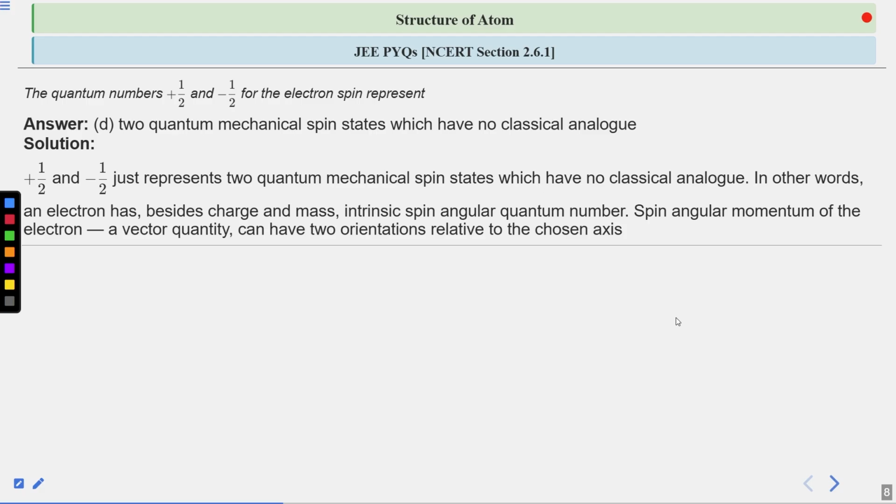Now it is intrinsic, but still it is a spin, so that will be represented by the two quantum mechanical spin states plus half and minus half. Further, if it is spinning intrinsically, then it will have a spin angular momentum also. But again, that spin angular momentum has nothing to do with the classical thing. So any doubt in this question?